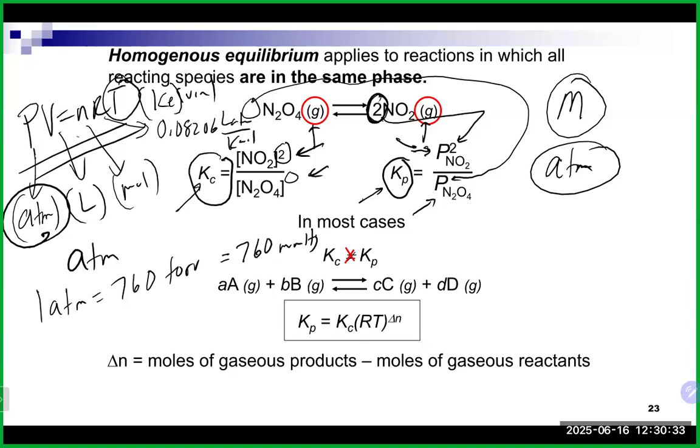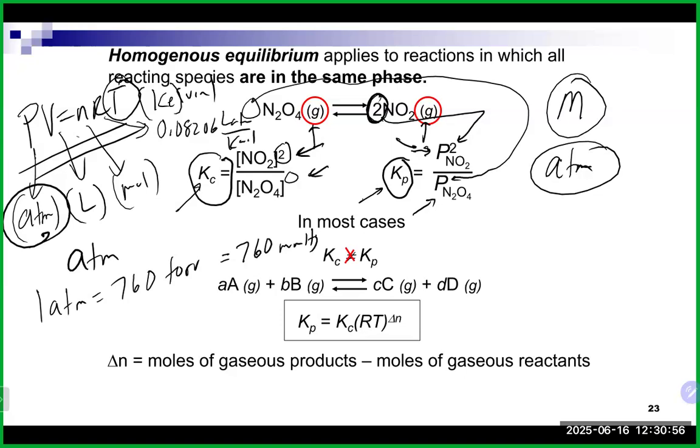Now, in certain situations, you may be given enough information to calculate one versus the other. Maybe you're given all concentrations, but you really want the Kp value, or vice versa. You're given all pressures, and maybe you want the Kc value. There is a way to go between the two, and it is here in the box.